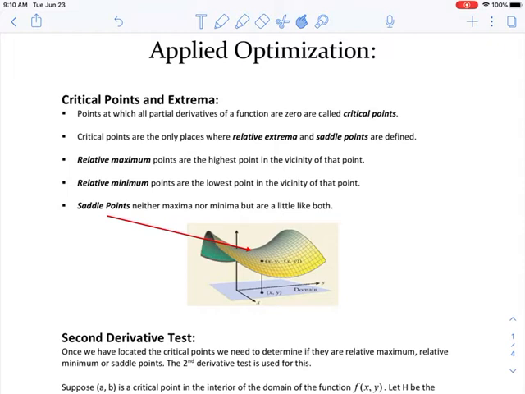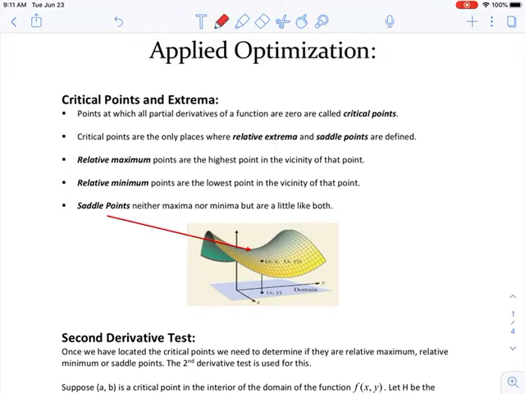In Calc 1, you learned a little bit about optimization. And what you learned was that to optimize a function, the first thing you had to do was find the derivative and then set it equal to 0. And so we're going to do the same thing here.